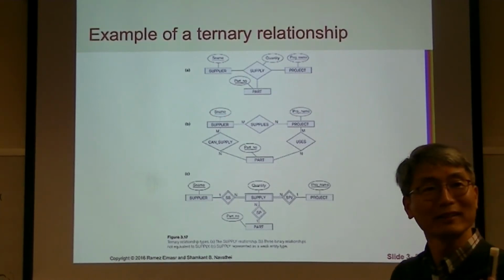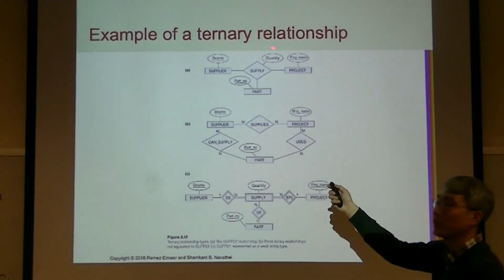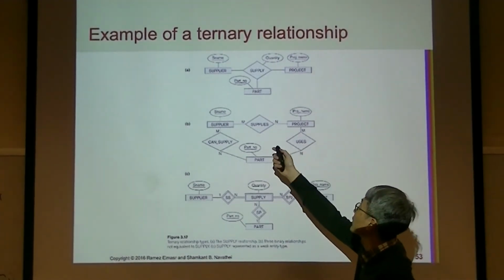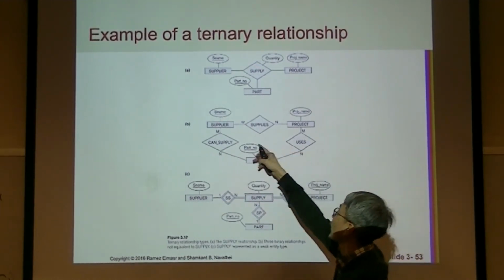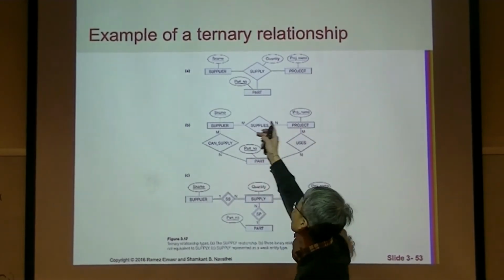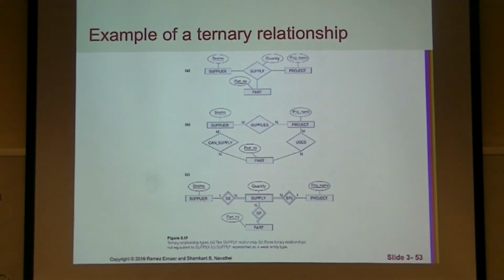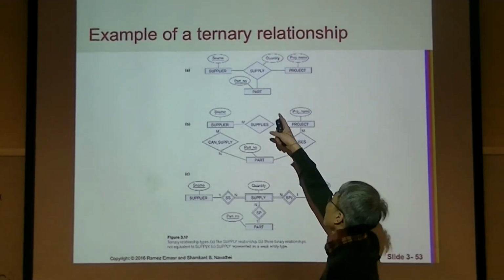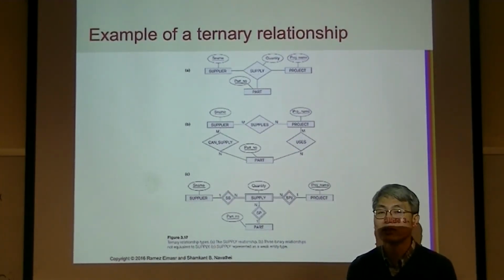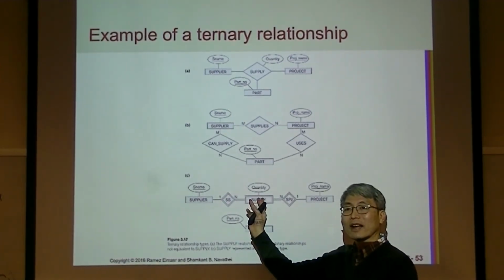That makes sense, right? One more time. Instead of the ternary relationship, we can change it into 3 binary relationships. 1, 2, 3. Okay? So this is one option. A lot of projects use such binary relationships instead of a ternary relationship. Or another thing is, instead of the supply relationship, why not create a supply entity?